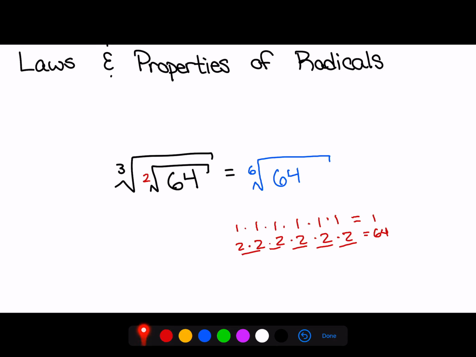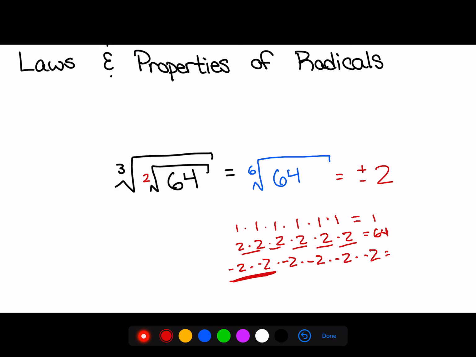So therefore, the 6th root of 64 is equal to plus or minus 2. And in this case, it's plus or minus 2, because if I did this all negative, negative 2, and we want to check here, because this will not always be the case.